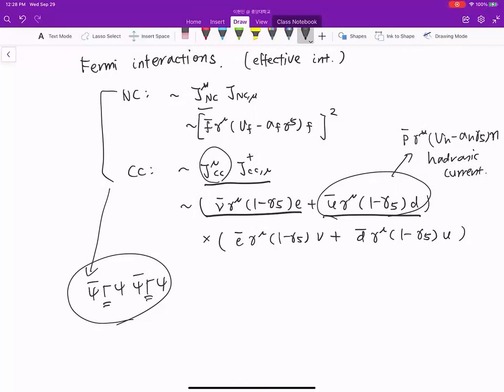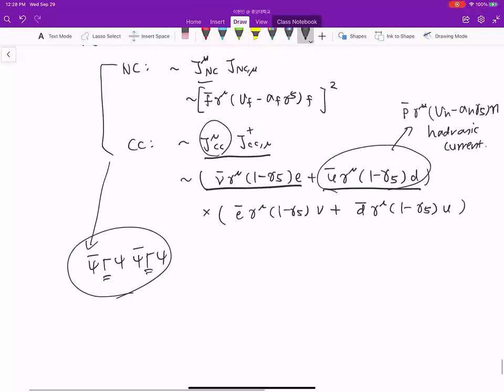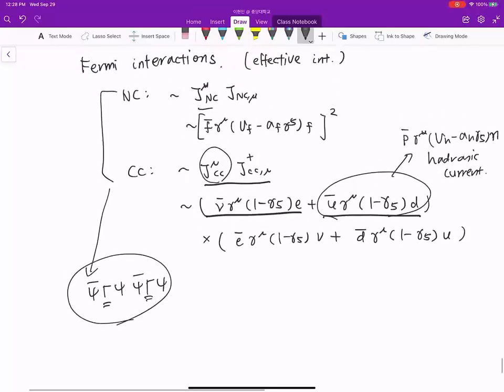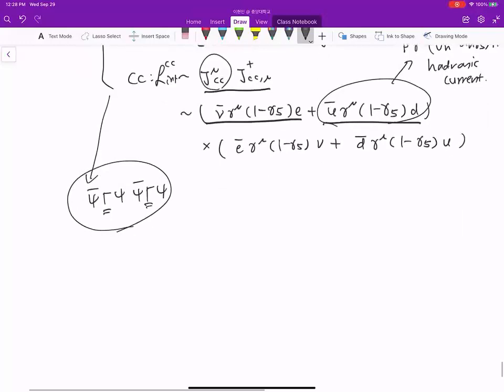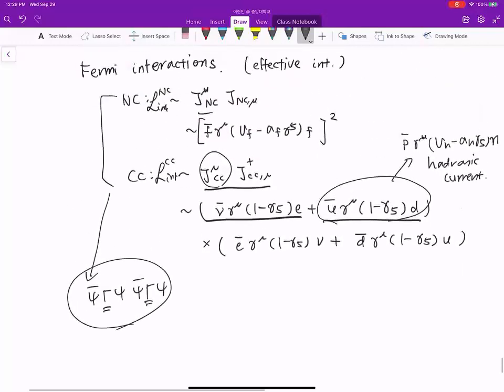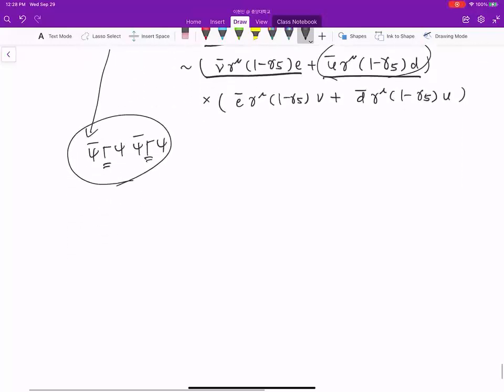So this is the effective interaction, the neutral current and charged current. Then we can easily identify the coefficient of the charged current and neutral current for muon decay.